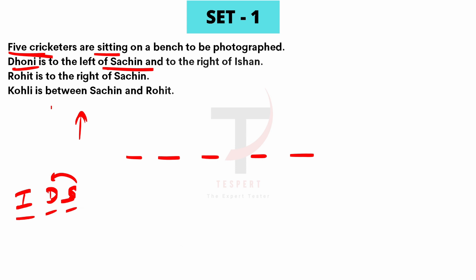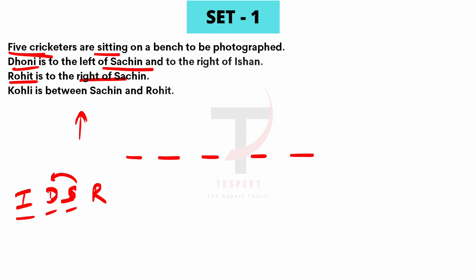If we move on to the second statement, Rohit is to the right of Sachin. If Sachin is here, then Rohit must be here. Just listen. Rohit is to the right of Sachin. What is meant by Rohit is to the right of Sachin, and Rohit is to the immediate right of Sachin?